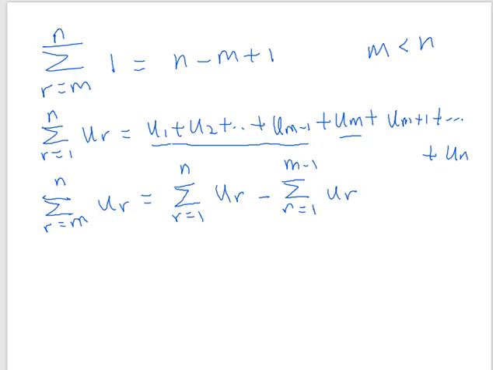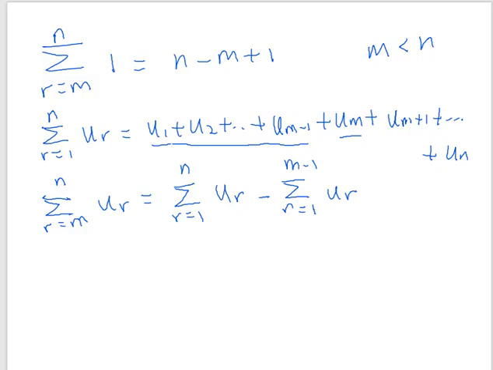So you sum from u1, u2 until un, then subtract the sum from u1, u2 to um minus 1.